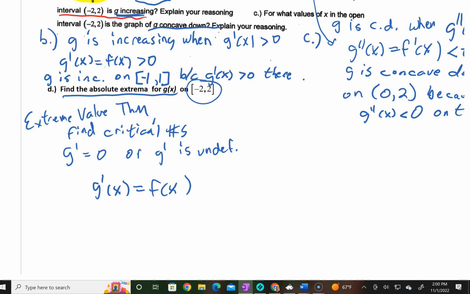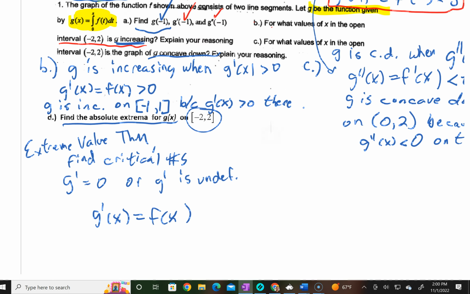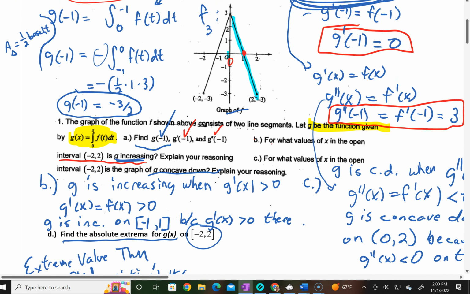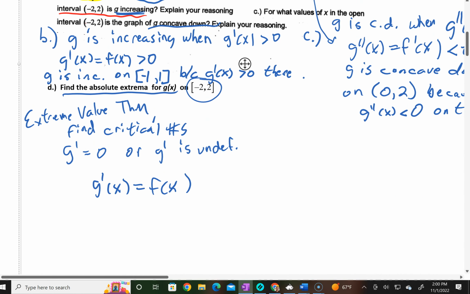It's that graph that they gave you up above. And then you could say real quickly, now wait a minute, where is f going to equal 0? Well, at -1 and +1. So here are your critical numbers. x equals 1, x equals -1.